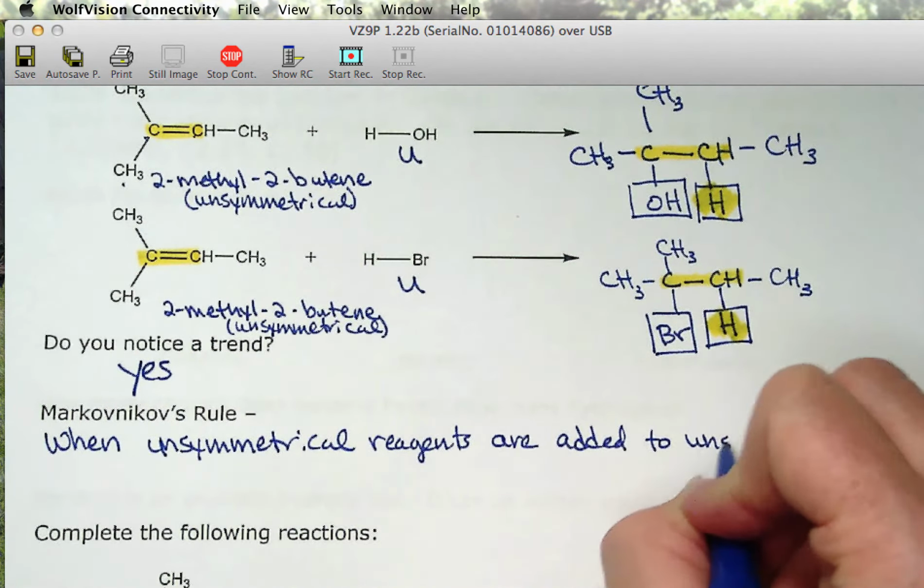We did not even mention Markovnikov's rule. It only applies to unsymmetrical reagents, but it didn't apply to 2-butene because 2-butene is symmetrical. And you always do your symmetry from where the double bond is.